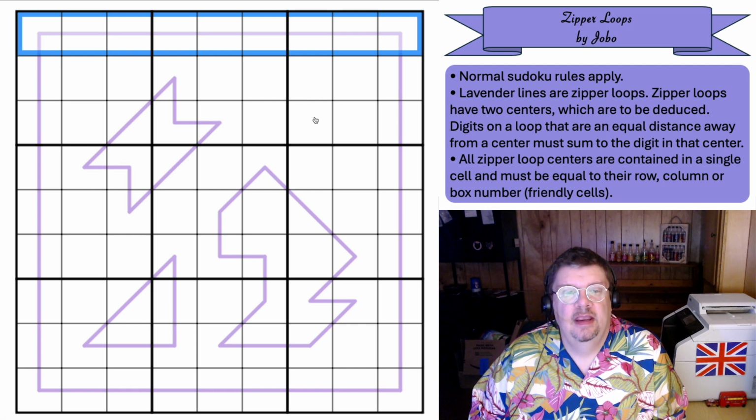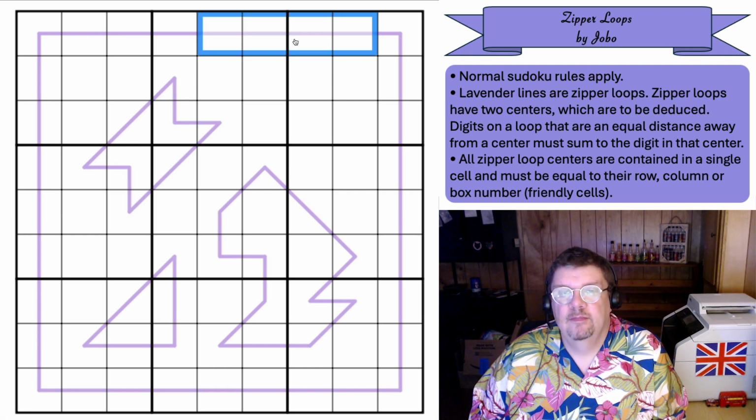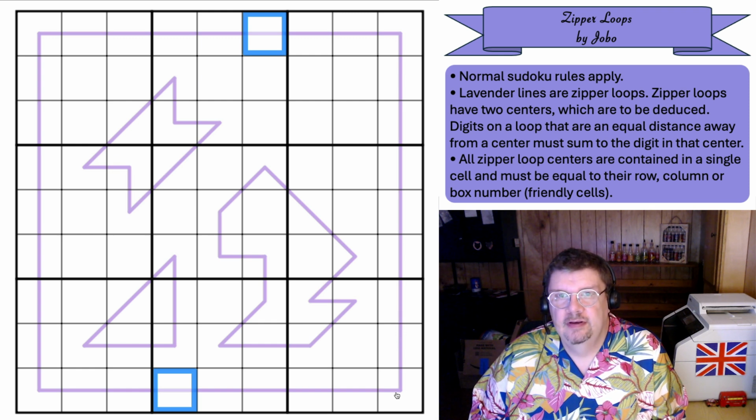And it has to be a friendly cell. We have exactly 2 centers on a line. So I can't put a center that's not in the corner, because if I did that, supposing I had this as my center, I would need one here that's rotationally opposite it, but then I would need another 9 somewhere along here that's not here or here, because I've already got the 9 for the row.